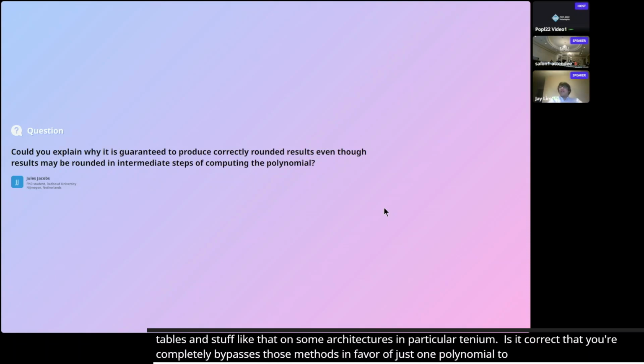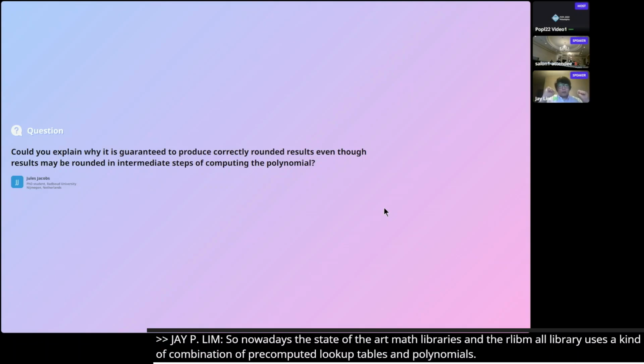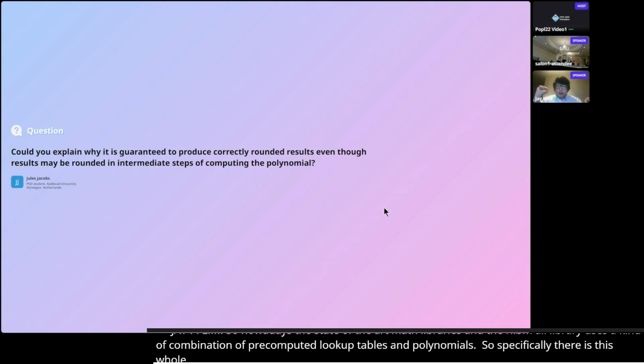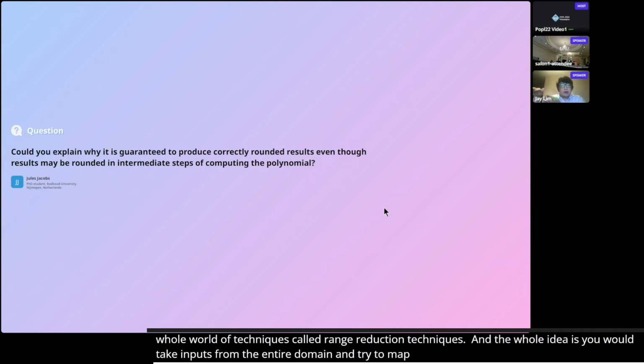So nowadays, the state-of-the-art math libraries and also the RLibMall math library use a combination of pre-computed lookup tables and polynomials. There's this whole world of techniques called range reduction techniques. The whole idea is you would take inputs from the entire domain and try to map them into a small domain, because polynomials are much better at approximating inputs for a smaller domain.